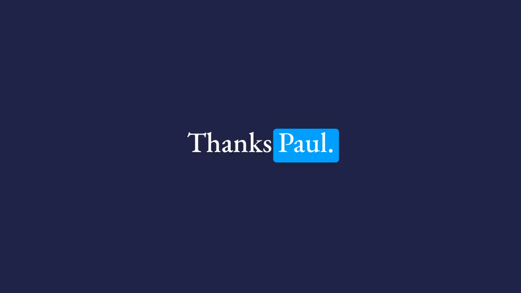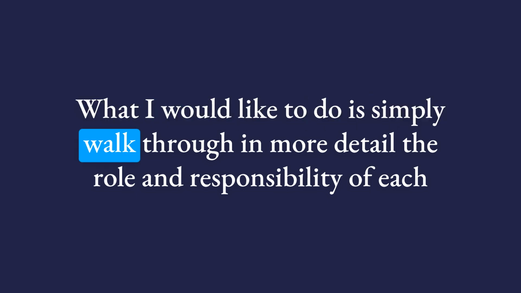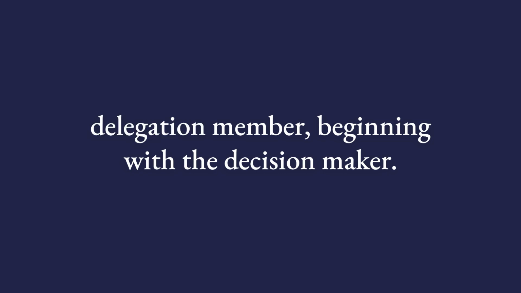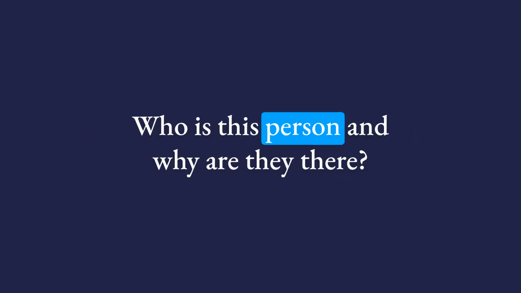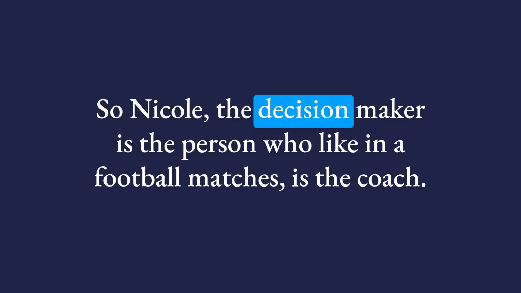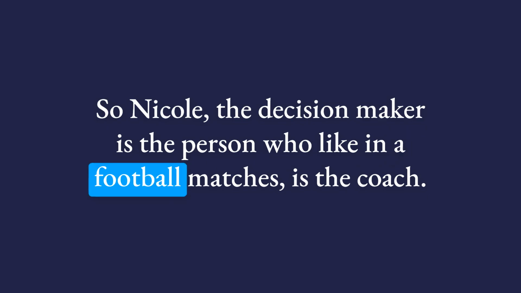Okay, thanks, Paul. Now, what I would like to do is simply walk through in more detail the role and responsibility of each delegation member. Beginning with the decision maker. Who is this person and why are they there? So Nicole, the decision maker is the person who, like in a football match, is the coach.